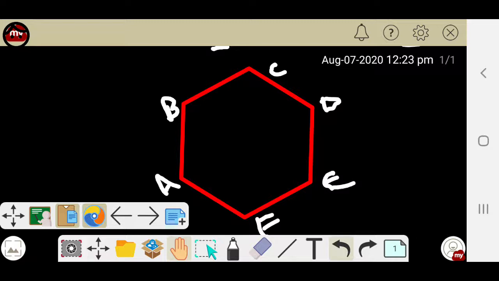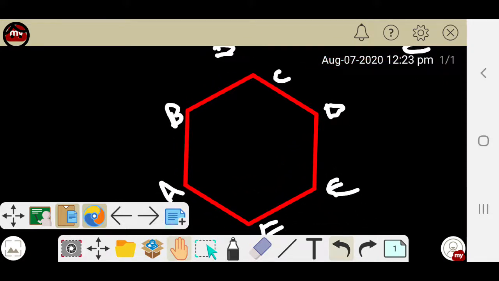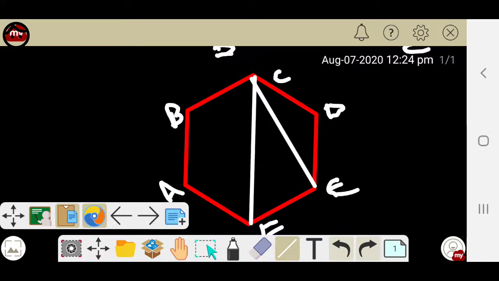Then the next question is a regular hexagon. Here A, B, C, D, E, F are the vertices. Then you have to draw its diagonals. How many? We can start from the point C. You can only join the non-adjacent vertices. One, two, then 3.